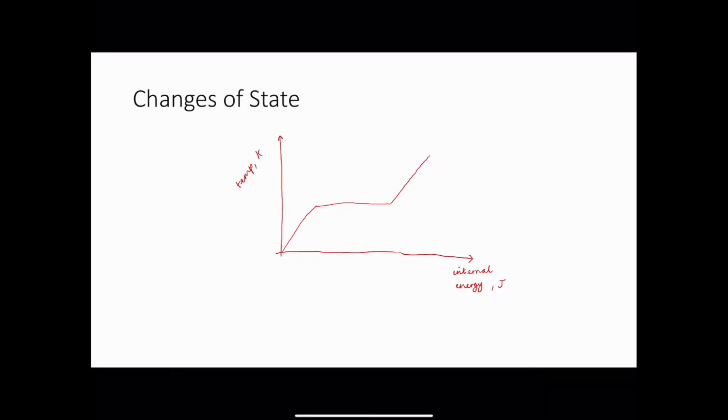So here we have our ice or liquid water. And here is where we'll see our change of state. So in any part of our graph where we see an increase in temperature, so that's here and here, we're also technically seeing an increase in kinetic energy.